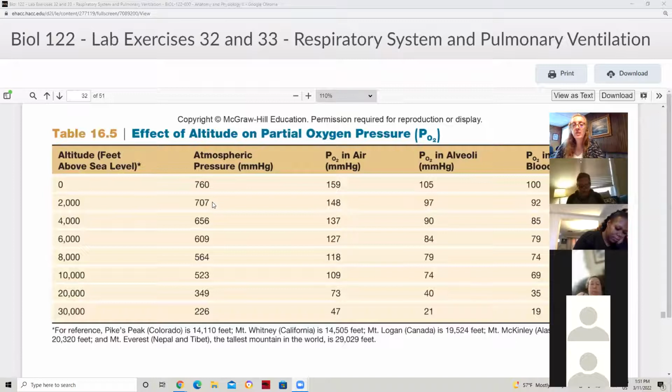So the atmospheric pressure is now 707. If you take 707 times 0.21, you get an air pressure of 148.